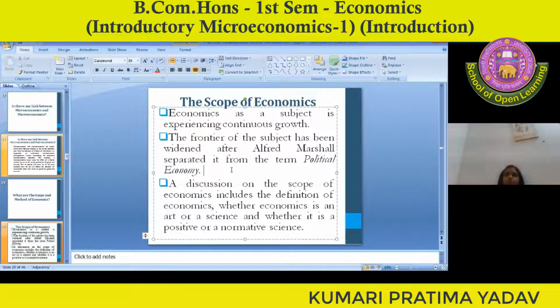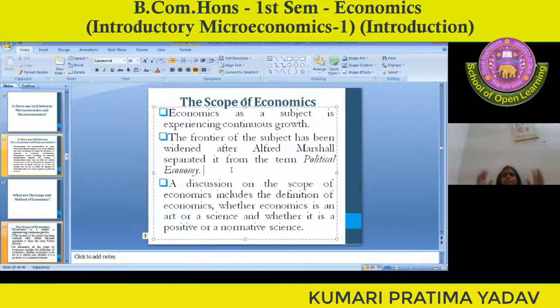There are various branches of economics. Earlier, it was only micro, macro, international trade. Now there are various branches: environmental economics, health economics, development economics, public finance is separated, international trade of course, then monetary policy, fiscal policy.